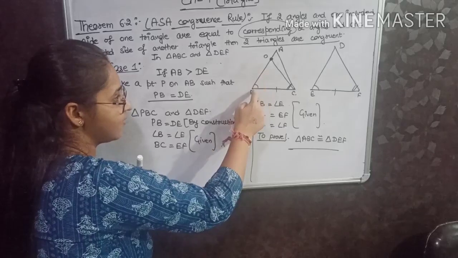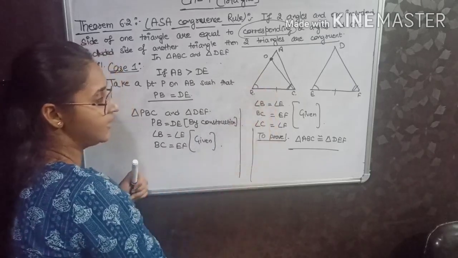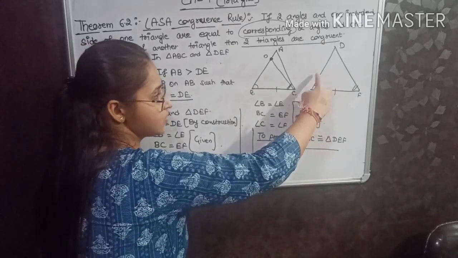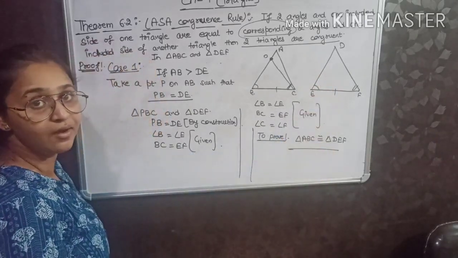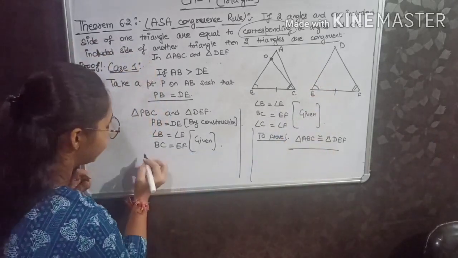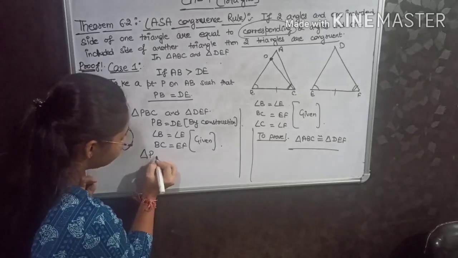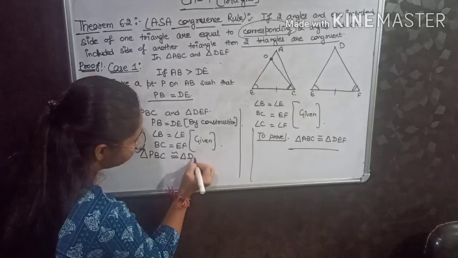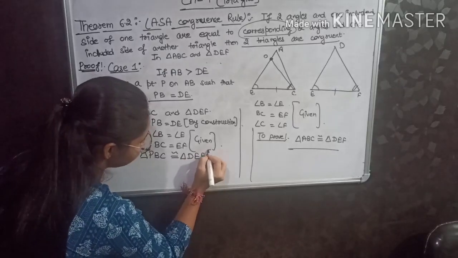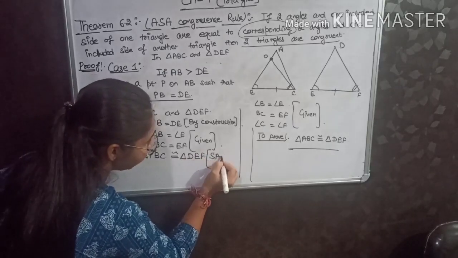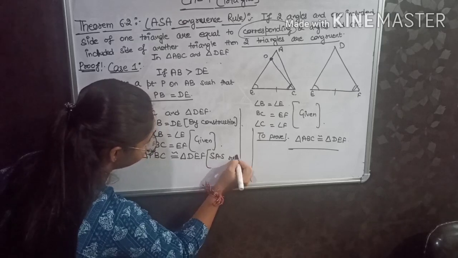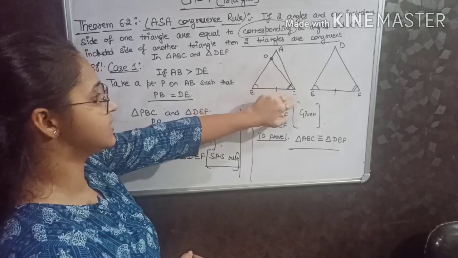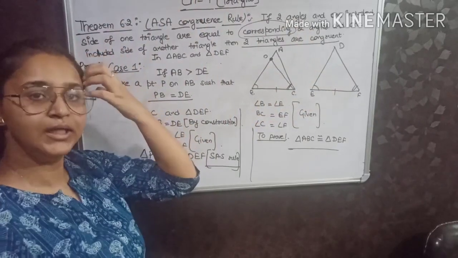So two sides and one included angle are equal to the two sides and one included angle. It means you can write triangle PBC is congruent to triangle DEF. And tell me the reason fast: by SAS rule. Very good. Okay, we are up to this step. Triangle PBC is congruent to triangle DEF.